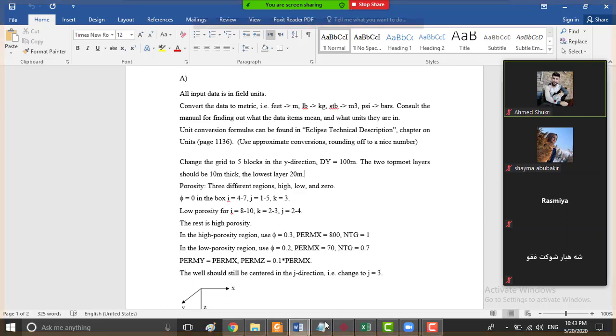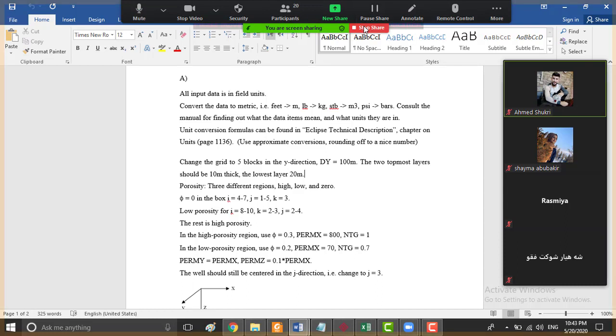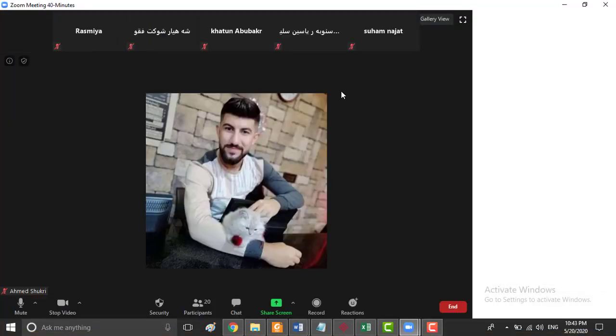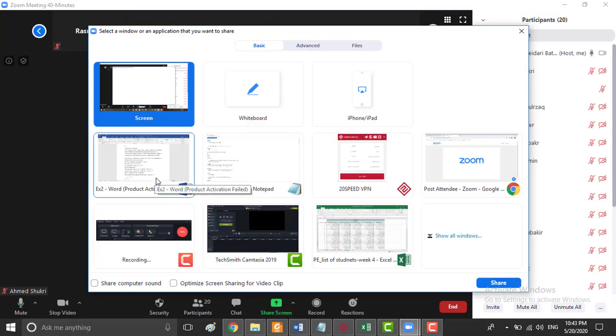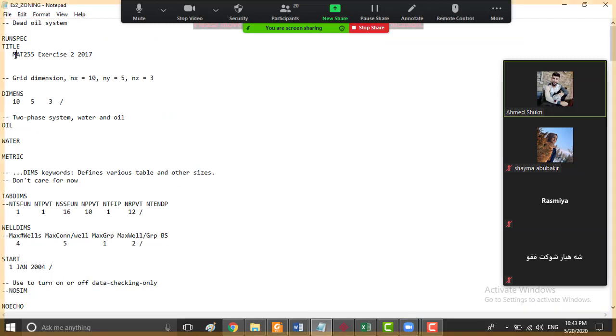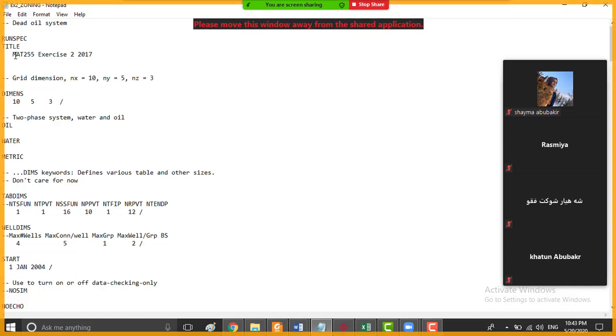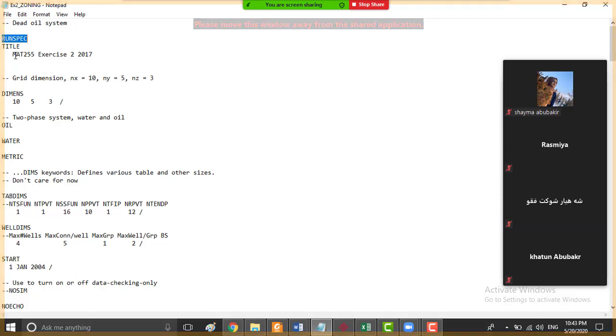Now, after reading this, let's go back to the data file and see how we're going to write that into our data file. Now, so in the run spec section, we are going to need to make some changes. It says, instead of 3 blocks in the y direction that we had previously, now we're going to have 5 blocks in the y direction, right?